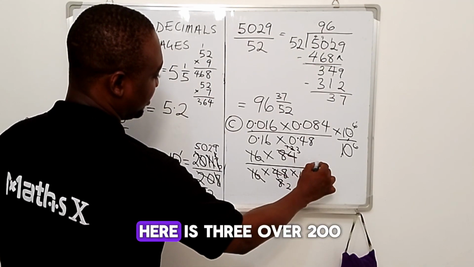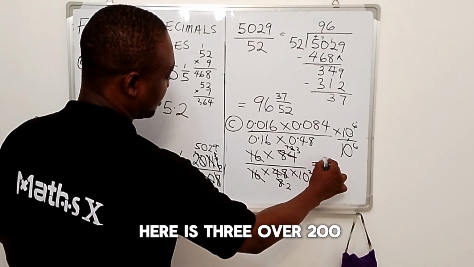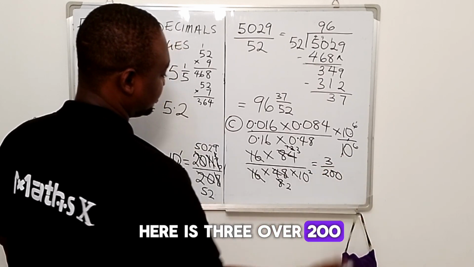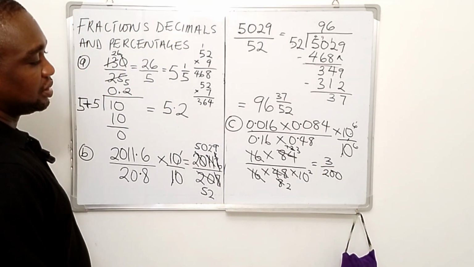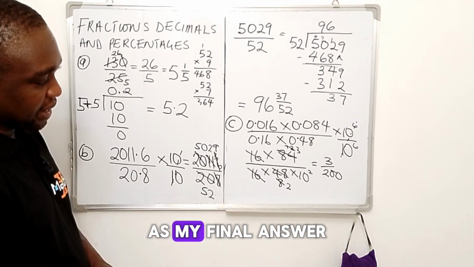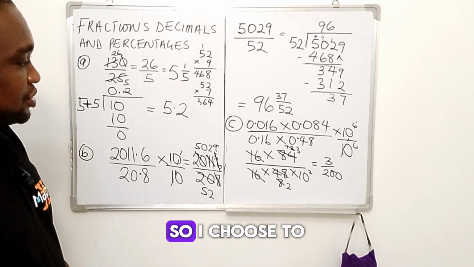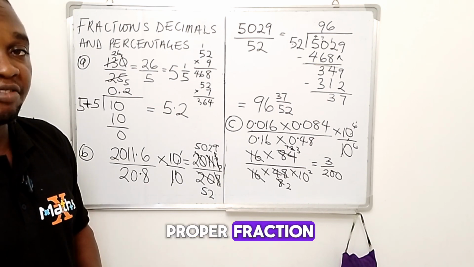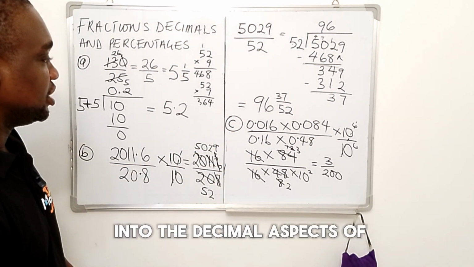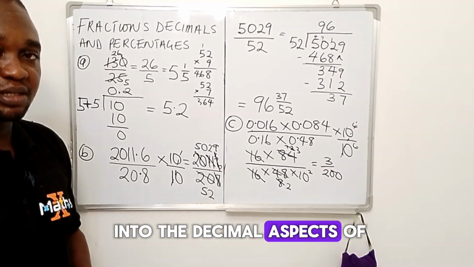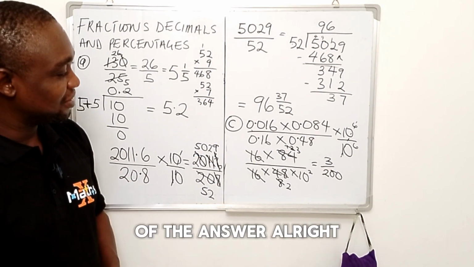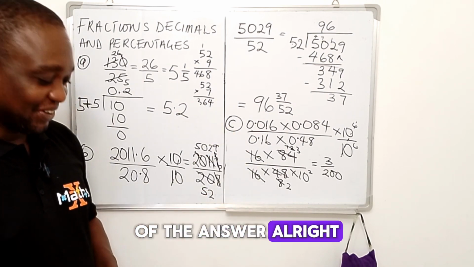So what I have here is 3 over 200 as my final answer. So I choose to keep this as a proper fraction. No point in going into the decimal aspect of the answer. All right.